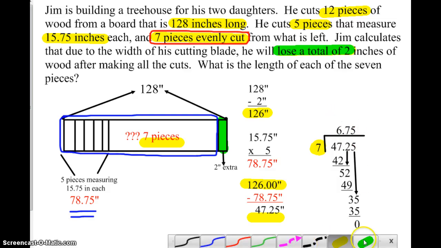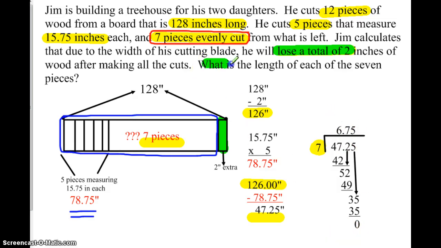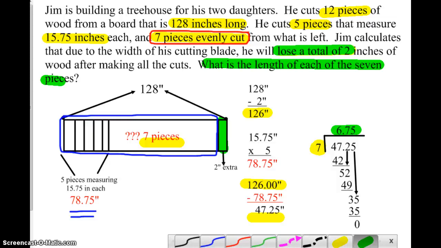So the length of the 7 pieces is 6 and 75 hundredths of an inch, each piece. Okay? Do you guys follow that? You kind of have to watch this one again if you get confused. This is the problem that has the most parts, and that's actually where I'm going to stop.